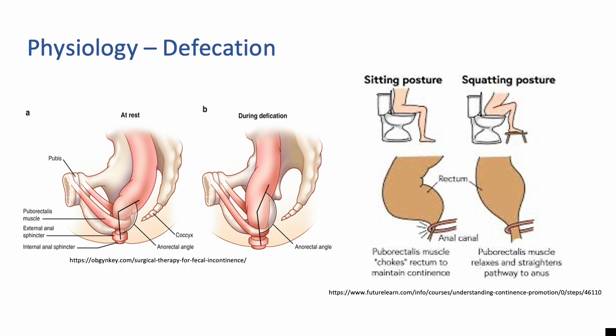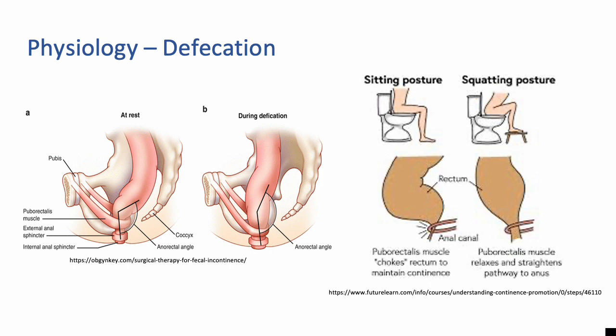So here are some pictures to better explain. Right here on the left, we see the puborectalis muscle, which is a part of the levator ani. That muscle, when it relaxes, you see here on the right, it allows the colon and the rectum, the anorectal angle, to be more obtuse. It's more straight, allowing for the stool to pass easier.